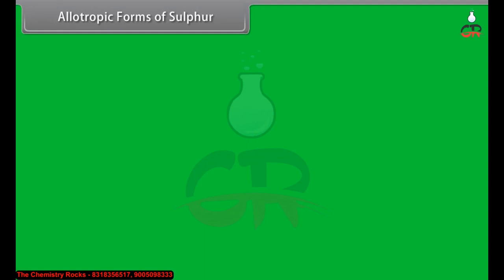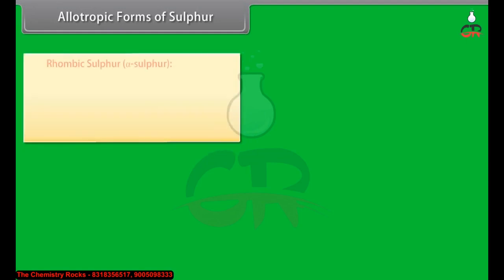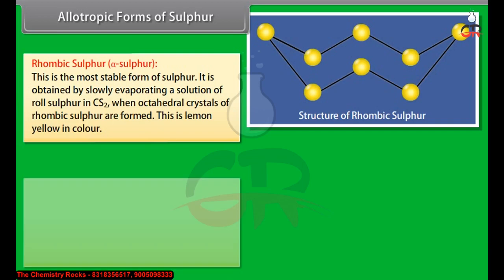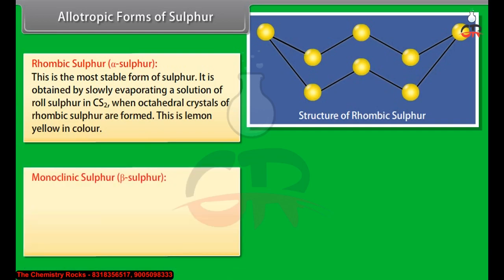Allotropic forms of sulphur. Rhombic sulphur. This is the most stable form of sulphur. It is obtained by slowly evaporating a solution of roll sulphur in CS2, when octahedral crystals of rhombic sulphur are formed. This is lemon yellow in color. Monoclinic sulphur.